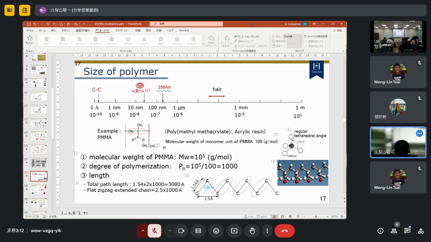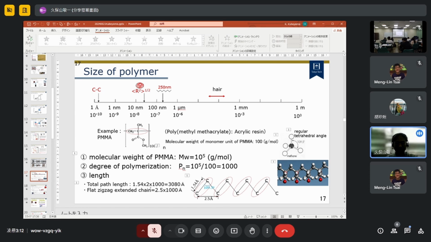So this path length is 2 times 1.54 angstrom, and there are 1,000 monomer units. So the total path length is 1.54 times 2 times 1,000 equals 3,080 angstrom.